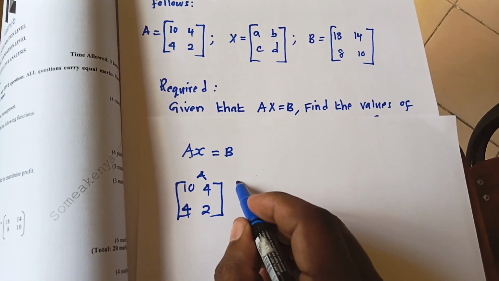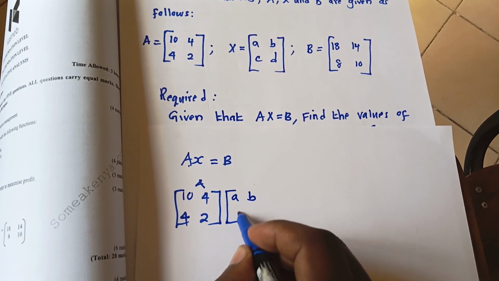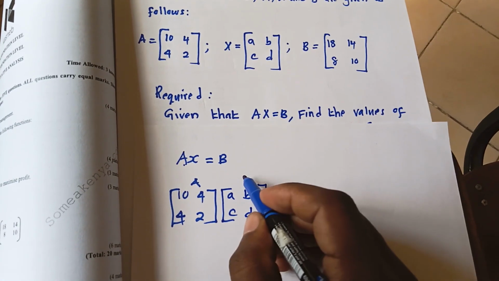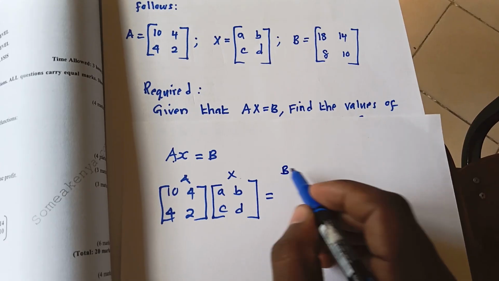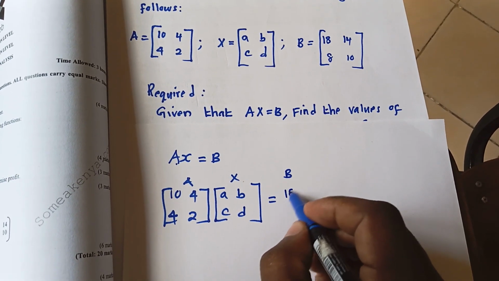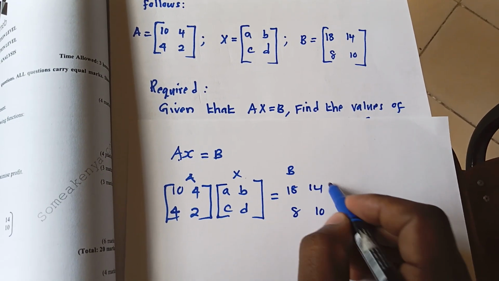Then we have matrix X, whose elements are A, B, C, and D, and we equate it to B, whose elements are 18, 14, 8, and 10.